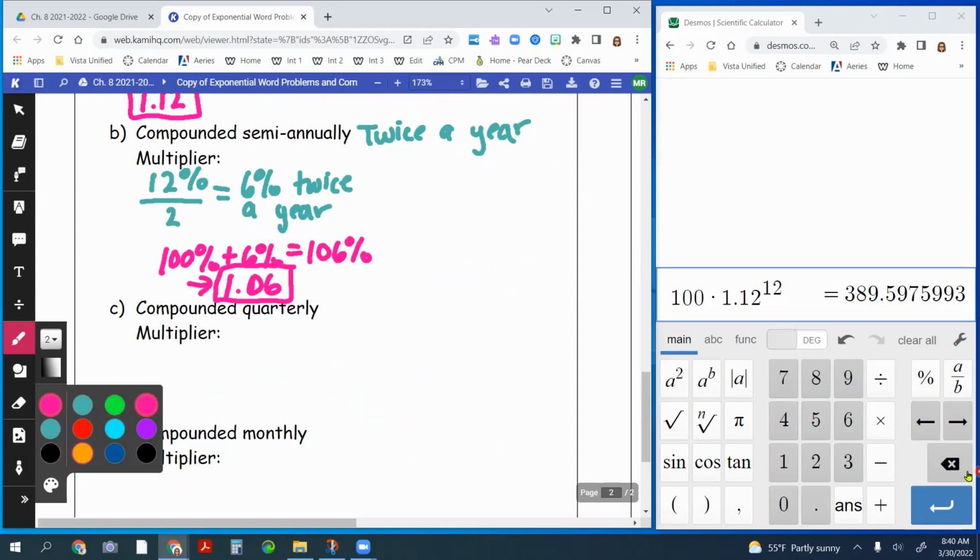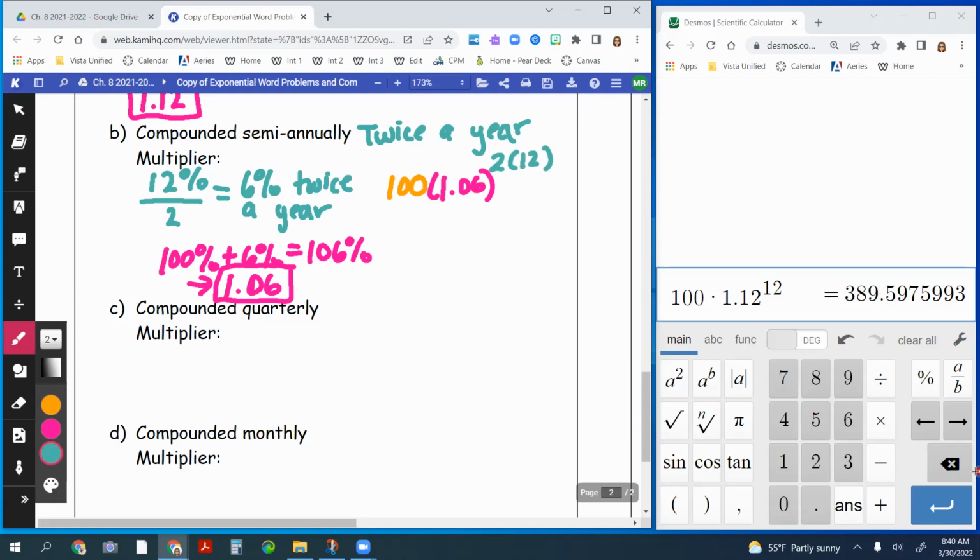So remember, in this, she started with $100. We are multiplying it by 1.06. Now, this is where you need to be careful. She's getting it twice a year for 12 years. Okay. So she really gets this interest 24 times within those 12 years.